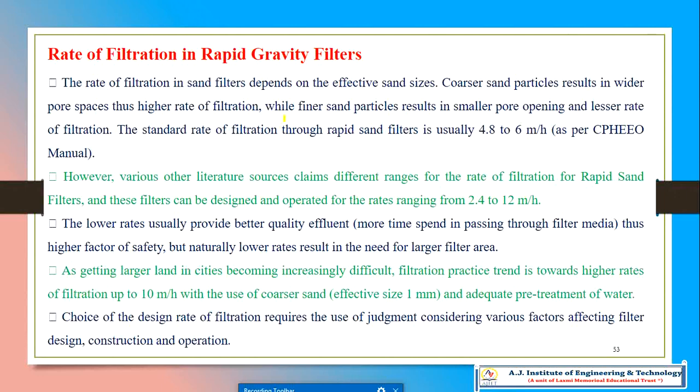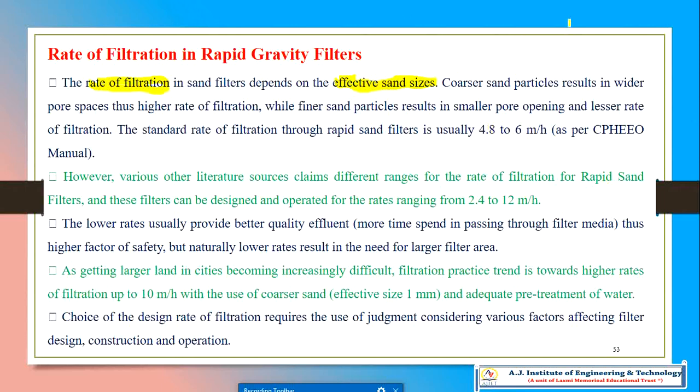The rate of filtration in the sand filter depends mainly on effective sand size. What is the size of the sand we are using for the filter? That is also a very important factor to achieve the rate of filtration.